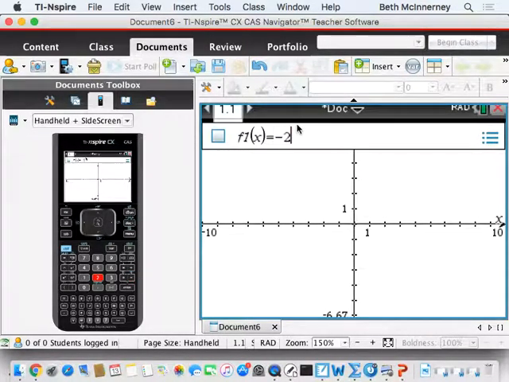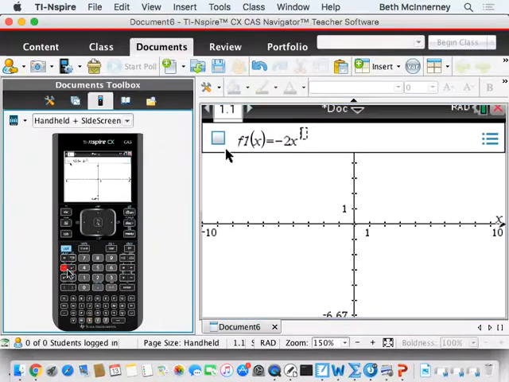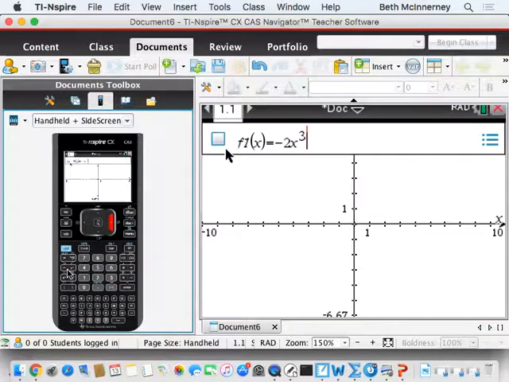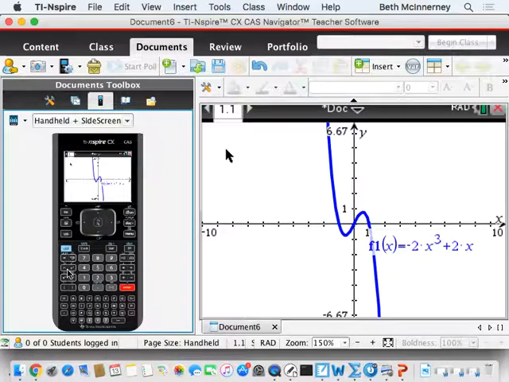So here we go. It's negative 2x cubed. And I should anticipate before I press graph, and I know you guys think it's silly that I made you dance and do your arms, but here's x cubed. Negative x cubed is going to have an end behavior of up, down. Before I even graph it, I should know that.